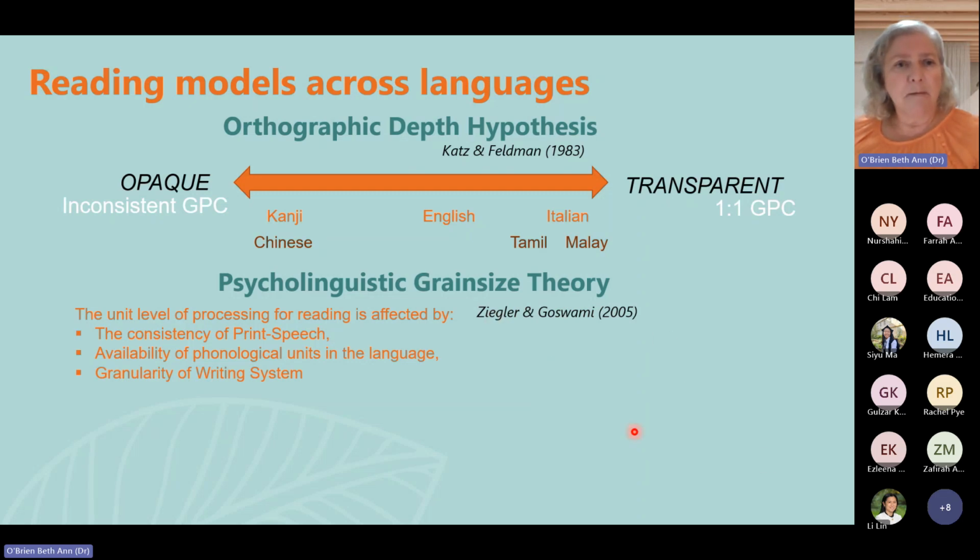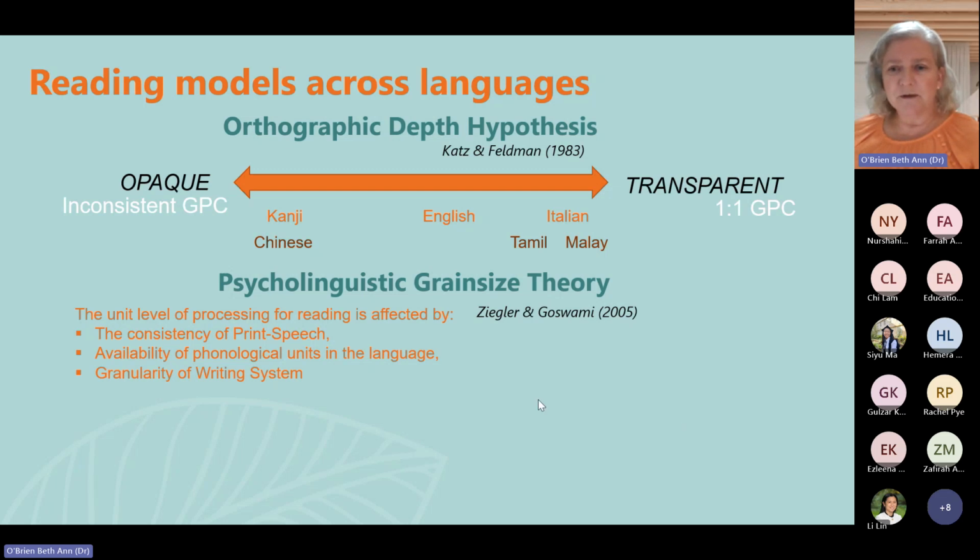Another model of reading across different languages goes a step beyond the depth hypothesis to say that depending on how consistent the script is in terms of print to speech mappings, this will affect the level at which the reader processes the print.